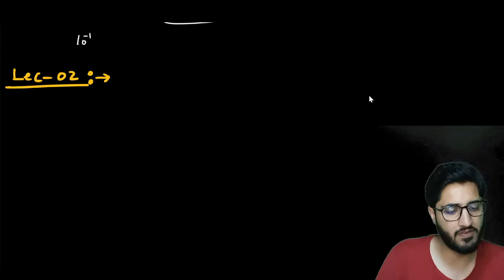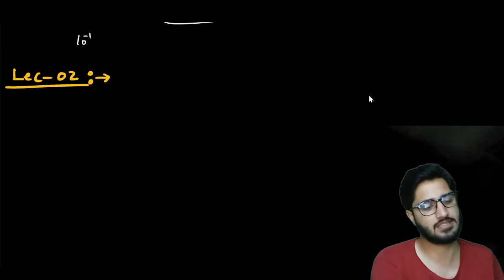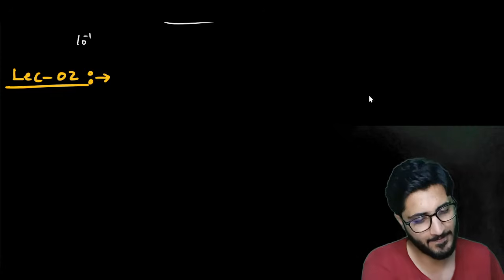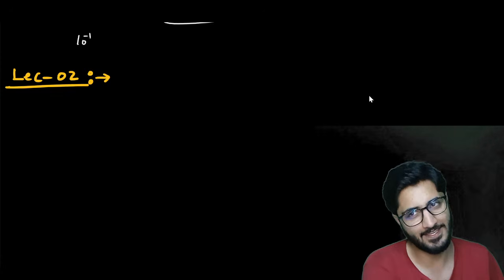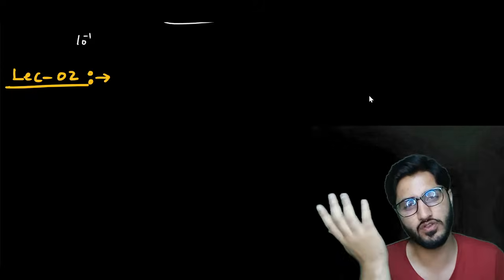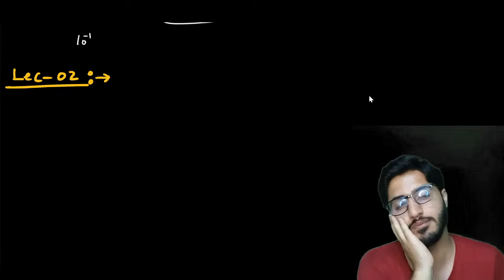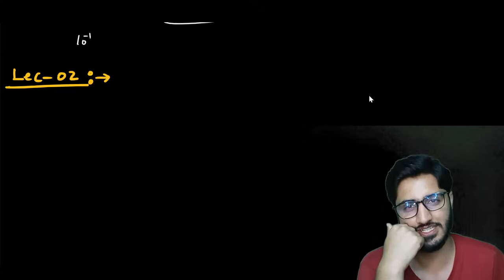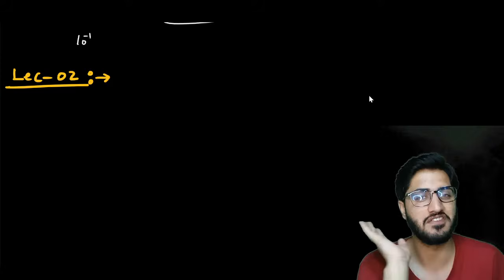So tomorrow we will be doing something very important for your physics. Drift velocity, all those things, thermal velocity, how to use the Boltzmann's constant there, 3 by 2 kT, the VRMS value. What is the VRMS value? What is the thermal speed of your electron?